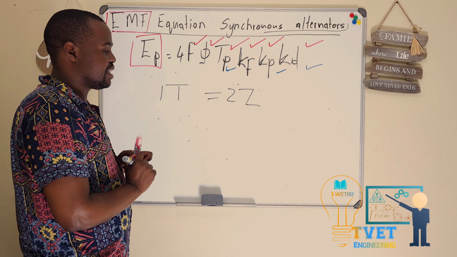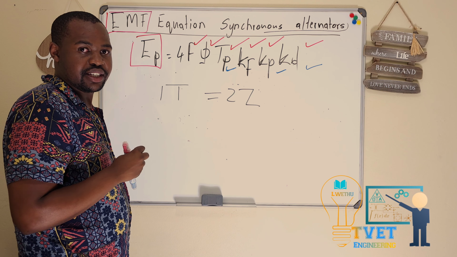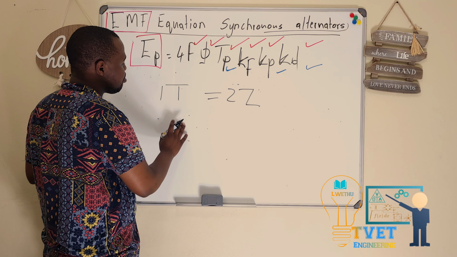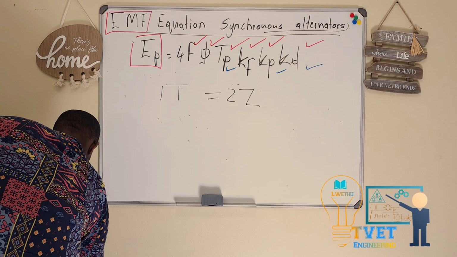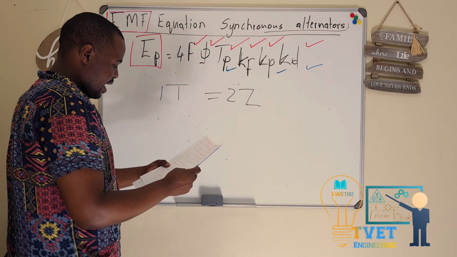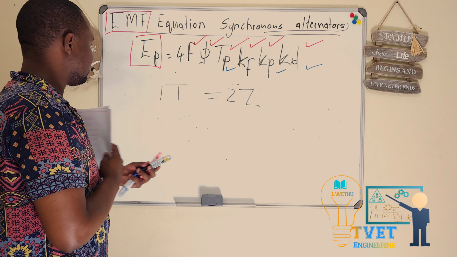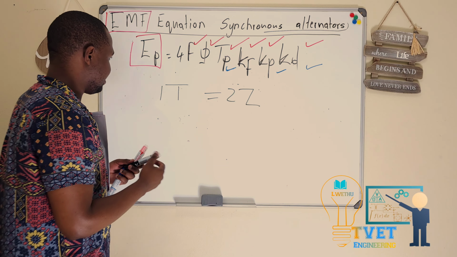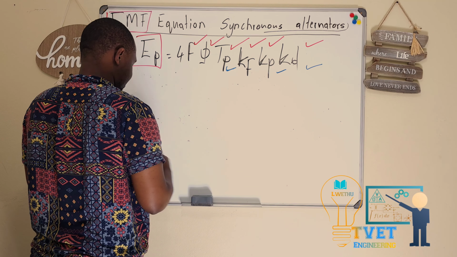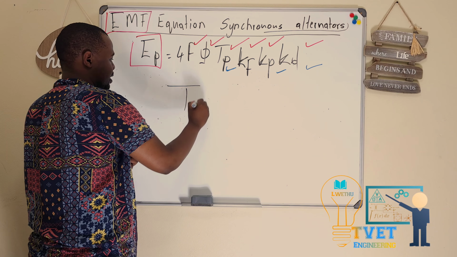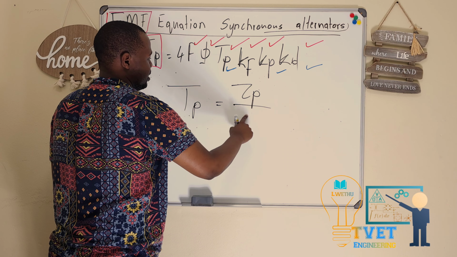1 turn is equivalent to 2 conductors. So turns per phase is calculated as follows: Tp is equal to Zp over 2.